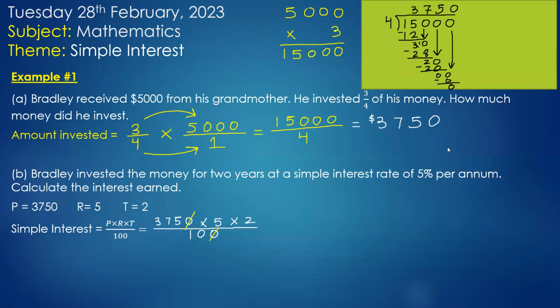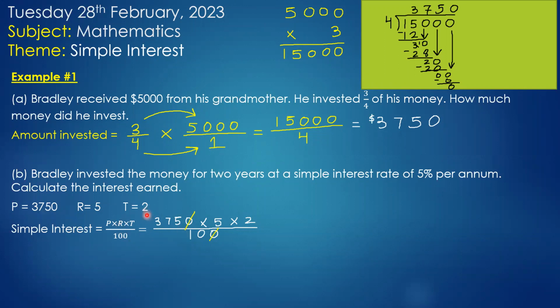Okay, good, what PRT means? That's the formula. P is the principal, R is the rate, T is the time. The principal is the amount borrowed or invested. In this case, the amount invested is 3,750. The rate is the interest rate, which they told us was 5%.